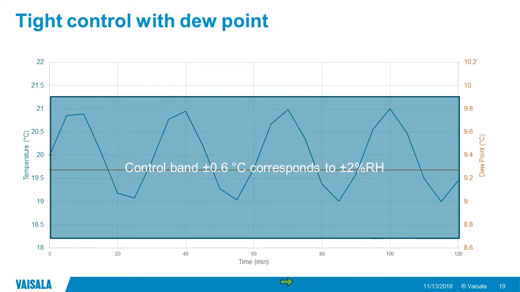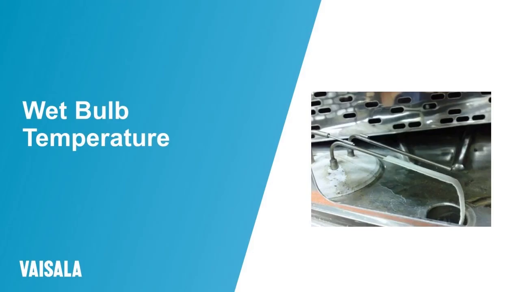Okay. We have also a couple of other parameters here that are frequently used for humidity control in HVAC systems. So one of those is wet bulb temperature. This is already a little bit more specialized.